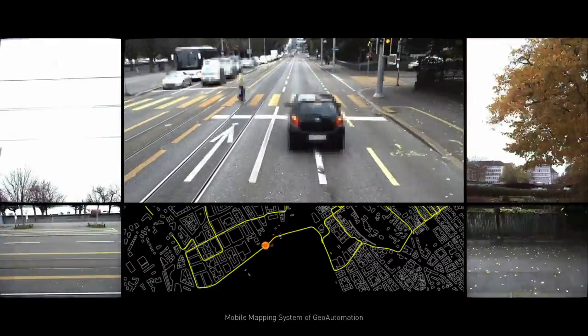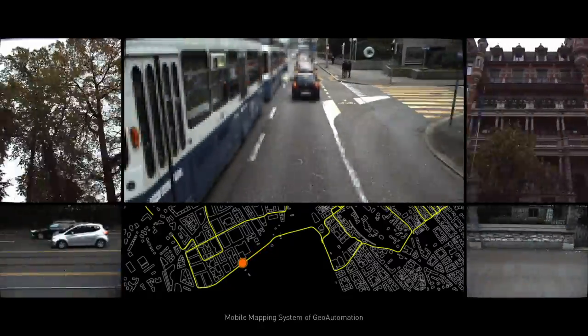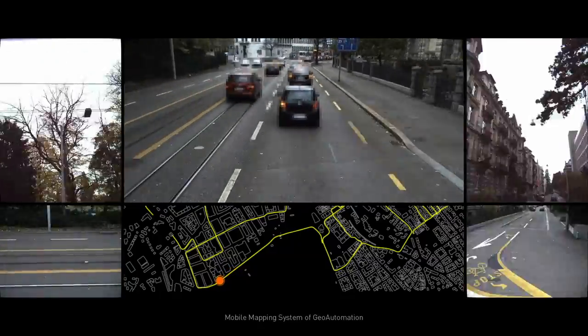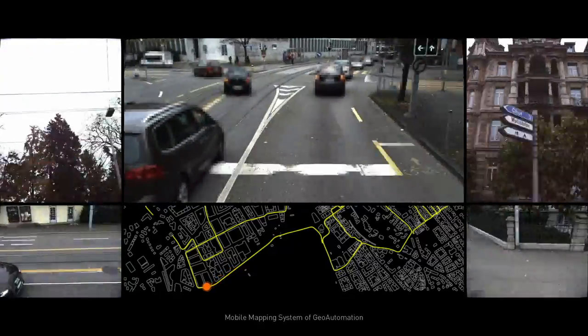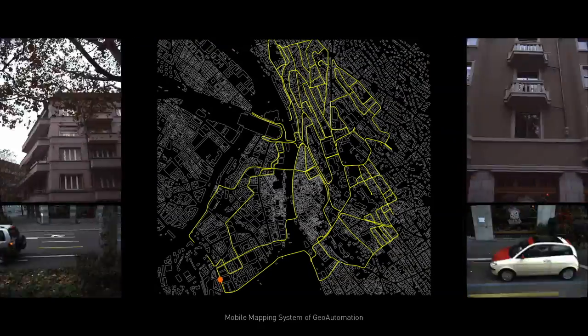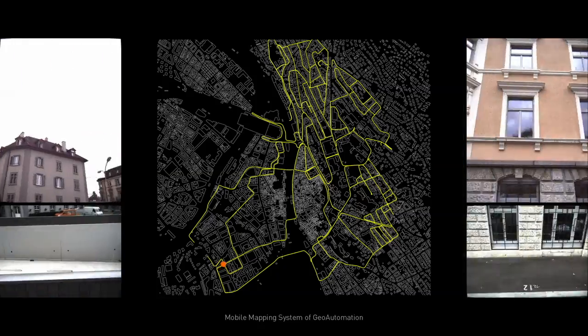The system operates in real time with 360-degree coverage of the environment. Streets can be mapped at normal driving speeds with this technology. The network highlighted on this map was driven in a single workday.